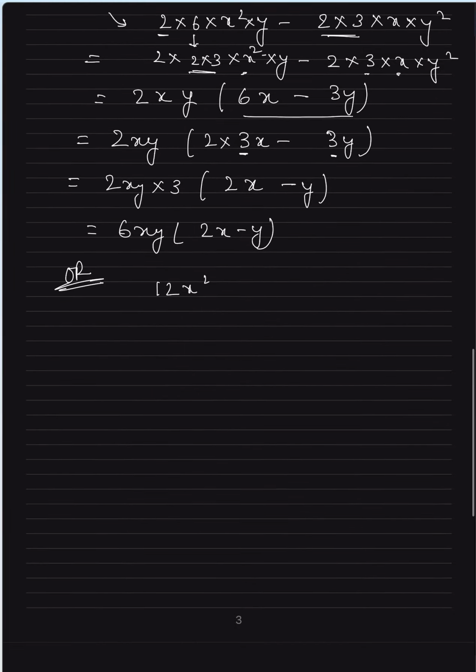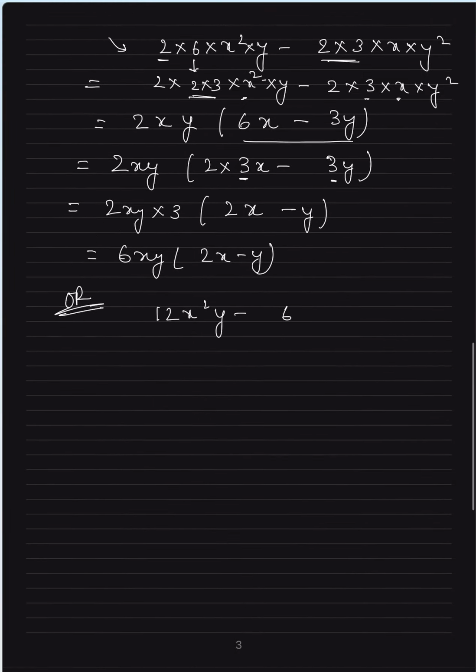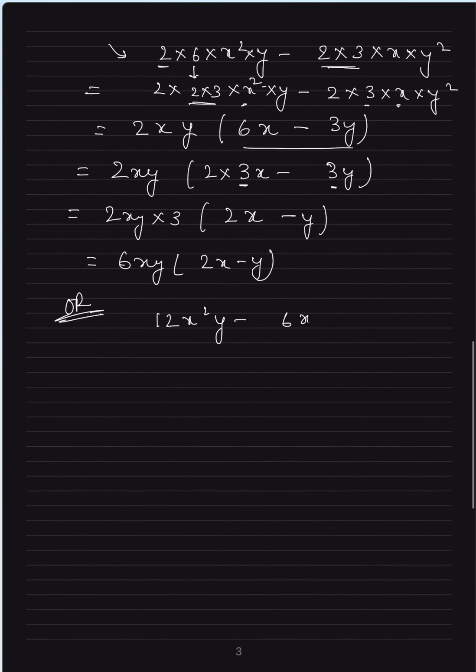Now instead of doing all these things, I can show you a very easy method. Take 12x square y minus 6xy square. Directly between these two numbers 12 and 6, we have 6 twos are 12, so we can take out 6 outside. Here it will be 2.